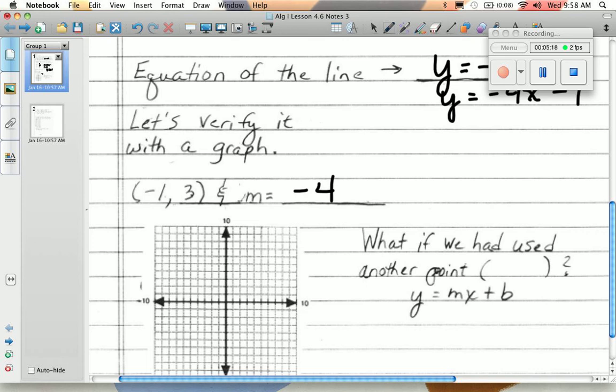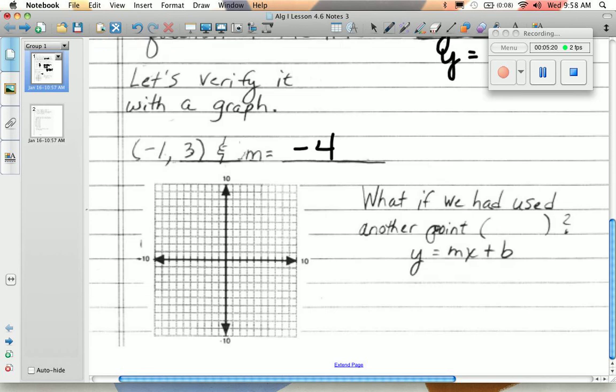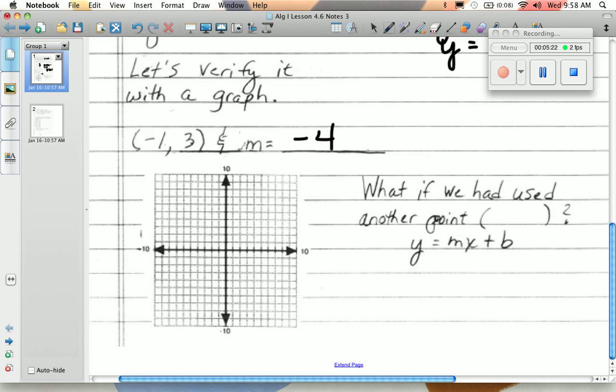So we're going to graph it like I just talked about at the beginning. Could we graph this with just the point and the slope that we have? And we said yes, we can. We would go to -1, 3. We could put that point on the graph. And then we could use our slope of -4, which means we can either go down 4 and over 1 to the right, or we can go up 4 and 1 to the left, right?